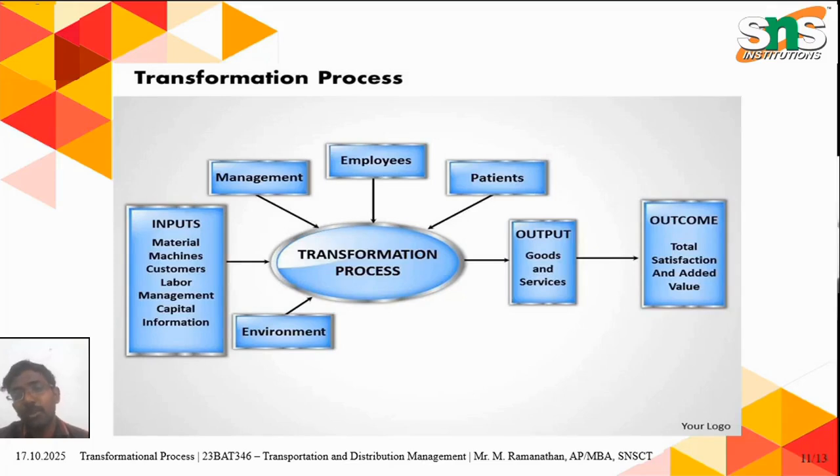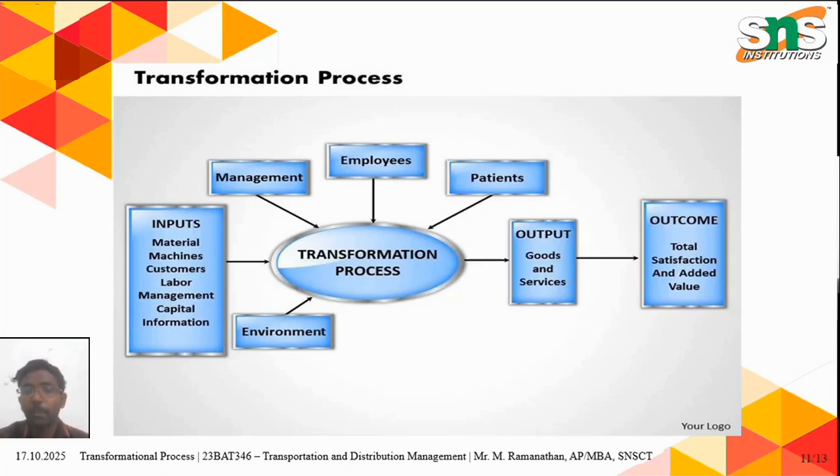From that we can take feedback from the customer, and change our input and transformational process accordingly. The outcome is that the customer and consumer has to be satisfied, and value has to be added.